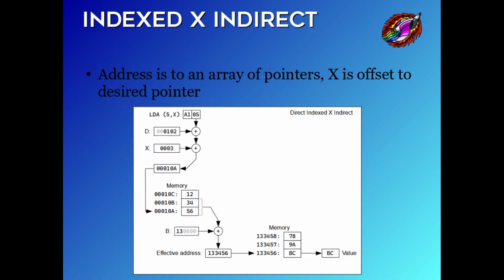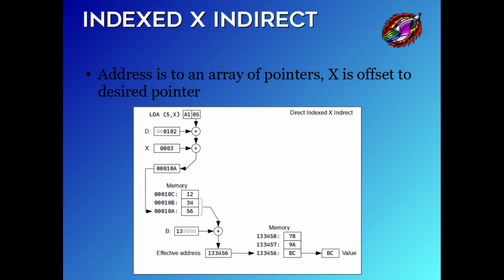So we need to then look at the address that's there, and that's what we're going to use as the effective address. Now, in this case, because I'm using parentheses, I'm indicating that this is actually a 16-bit instruction, not 24 bits, what you might call a near version of this. So we're only going to take the first 2 bytes from those memory locations. So we take 3, 4, 5, 6, and because this is 16 bits, we need to look at the data bank register.